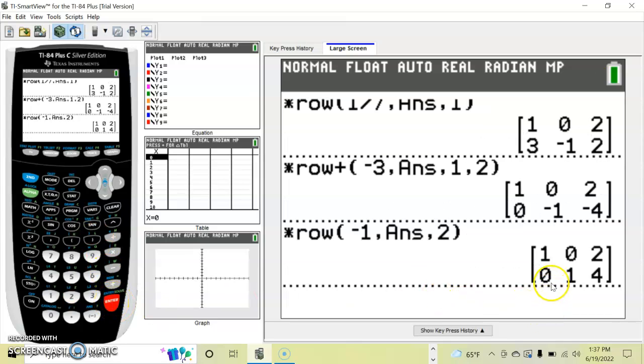And there you go. So now that we've done our Gaussian elimination and we've turned this first 2 by 2 portion into the identity matrix, that means that this final column, column 3, is representative of our solution set. So the solution to the problem is x1 is equal to 2 and x2 is equal to 4.